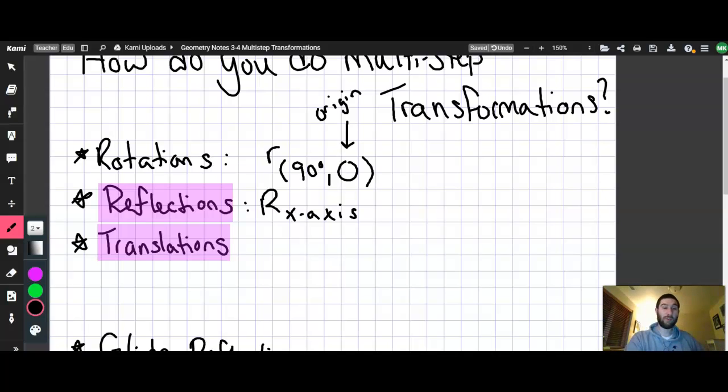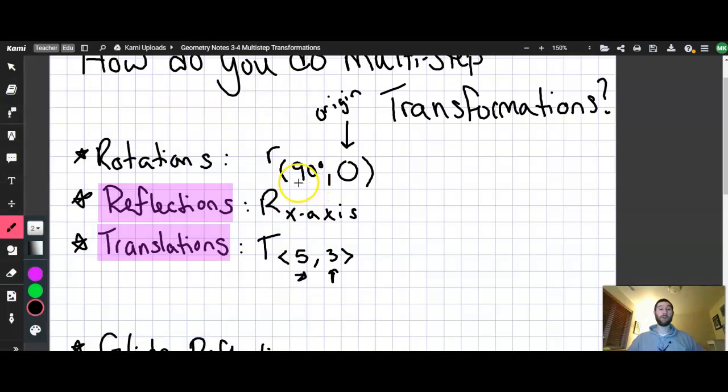And for translations, they'll put a giant T, and then in the subscript, they'll have the pointy bracket because pointy bracket represents the translation, and they'll give you the numbers for the translation. I'm just going to write 5, 3. And remember, that means 5 to the right and then 3 up, because that's the x and y, negative versus positive.